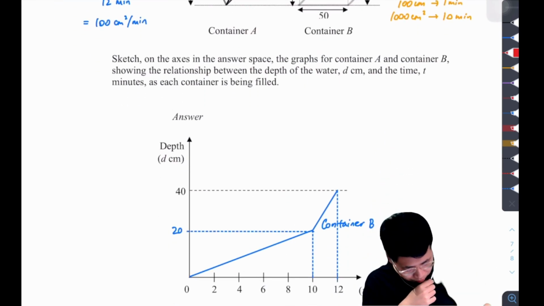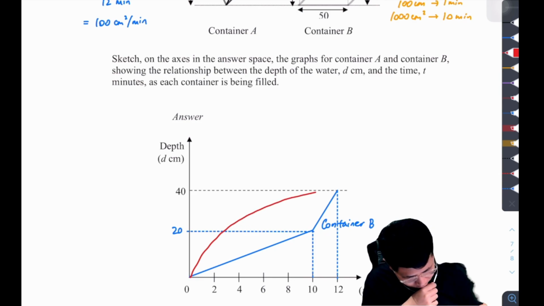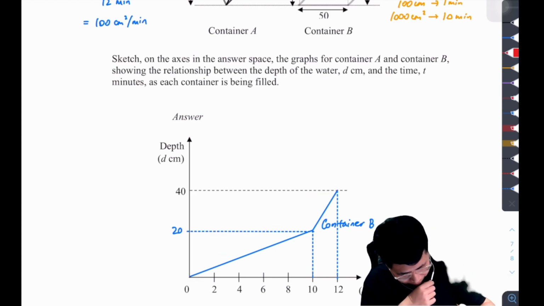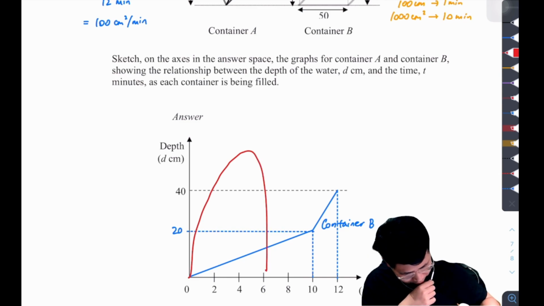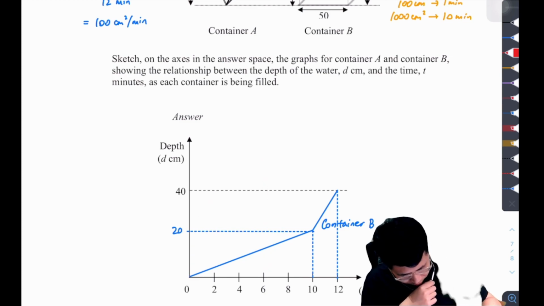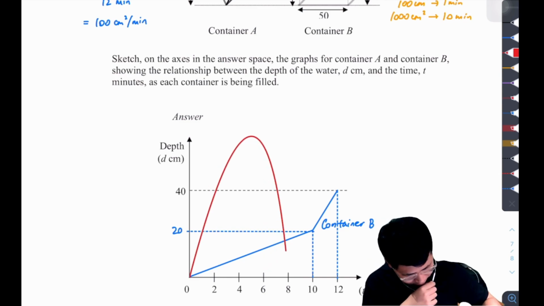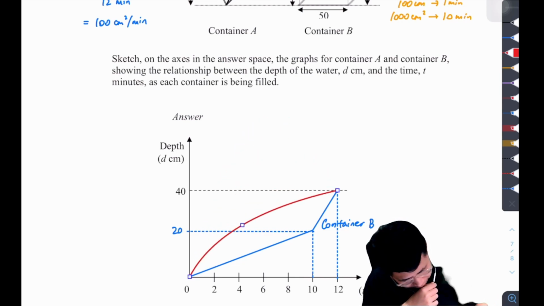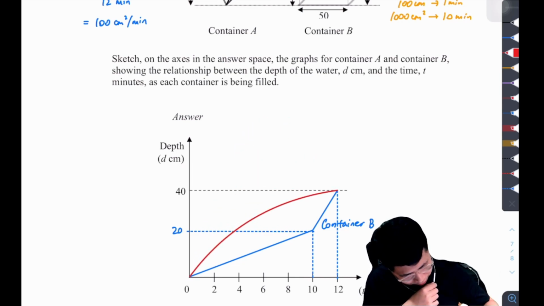Your graph will go from a steep graph to a not so steep graph, like that. Let me draw this so that I can get my curve out. So this is a nice curve, roughly like this. So this will be my container A.